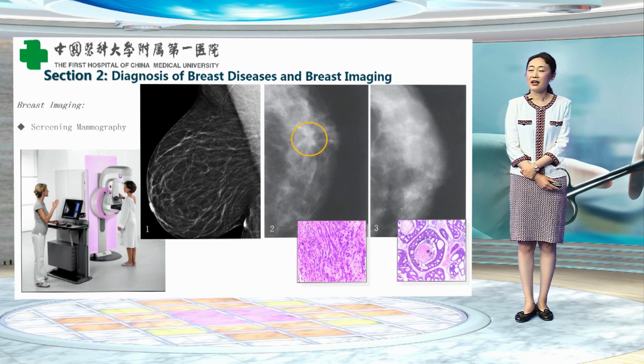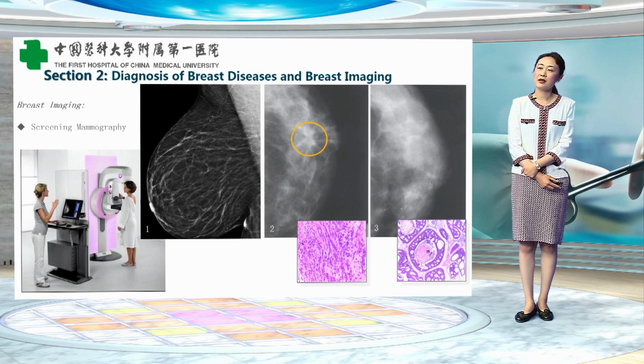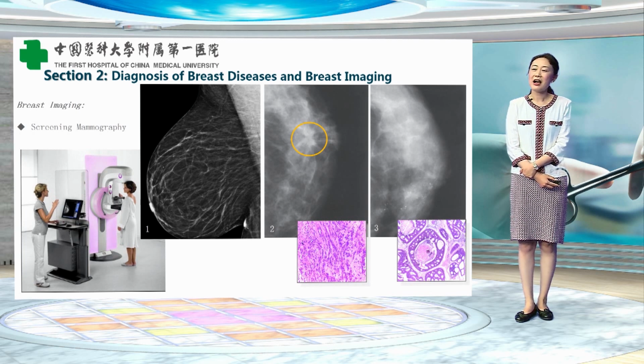It's a non-invasive malignancy and has a very favorable prognosis. And in America, about 1/3 of newly diagnosed patients are found with microcalcification and then diagnosed as DCIS, ductal carcinoma in situ.